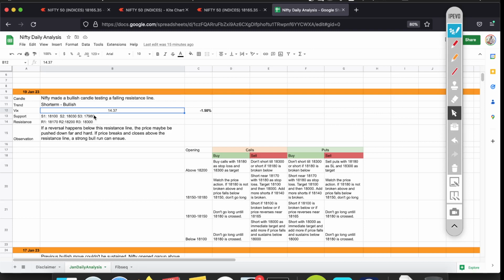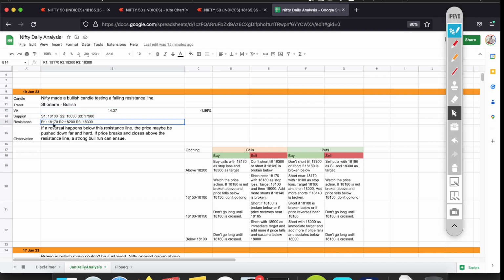And if price falls tomorrow, it might eventually test up to the 17,980, 990 level, and can possibly close below 18,000 also, or it all depends. There is a possibility of closure below 18,000.